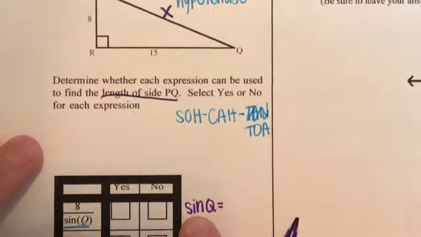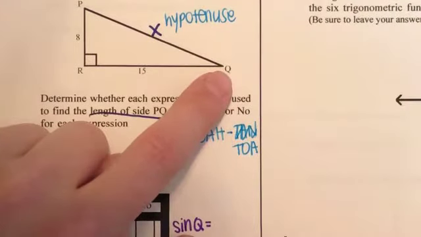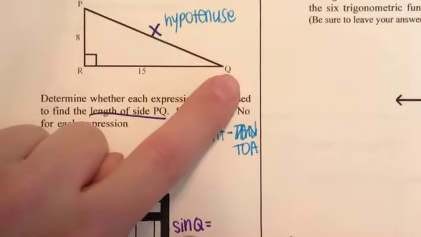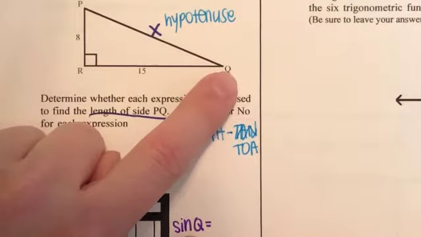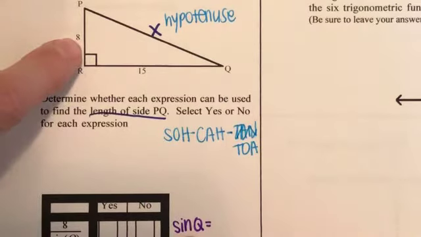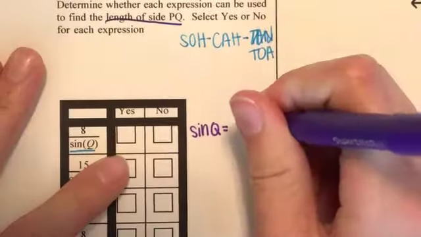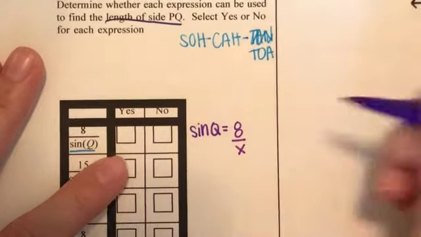Looking at my triangle, here's Q, so that's 8 over X, opposite over hypotenuse. So 8 over X is my ratio.